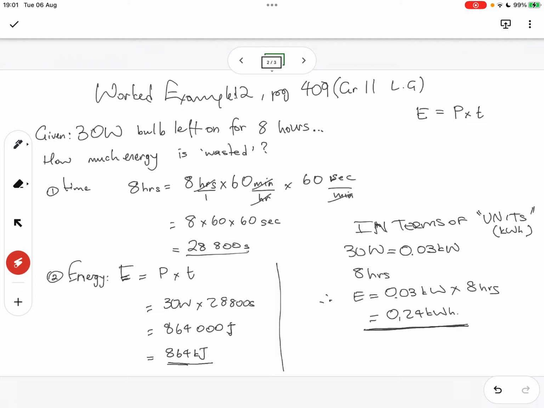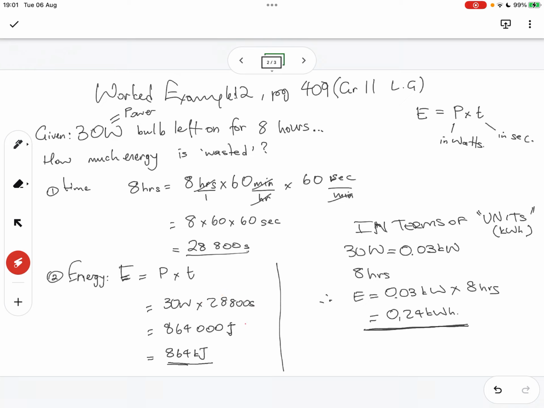So we take the power rating, which is 30 watt, which we are given. Remember, power is measured in watts, and time is measured in seconds. So we focus on the power rating, and we multiply it by the time.